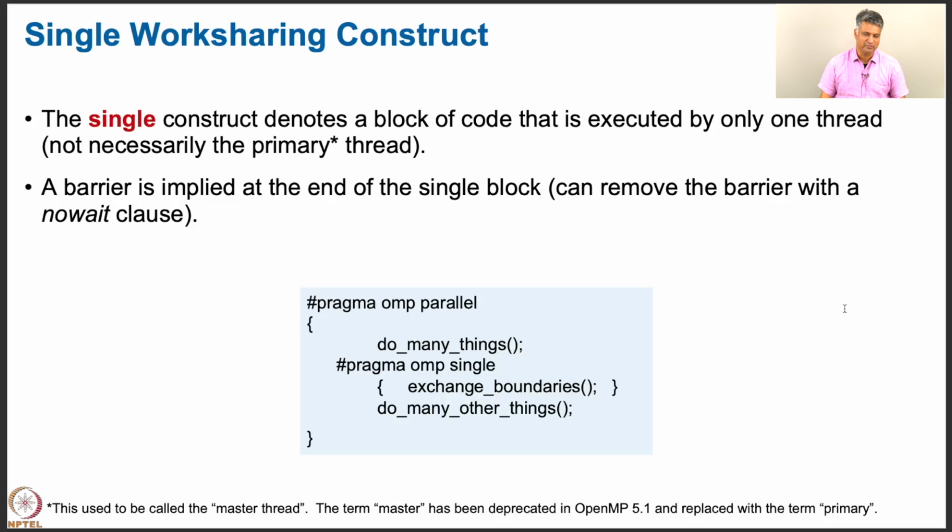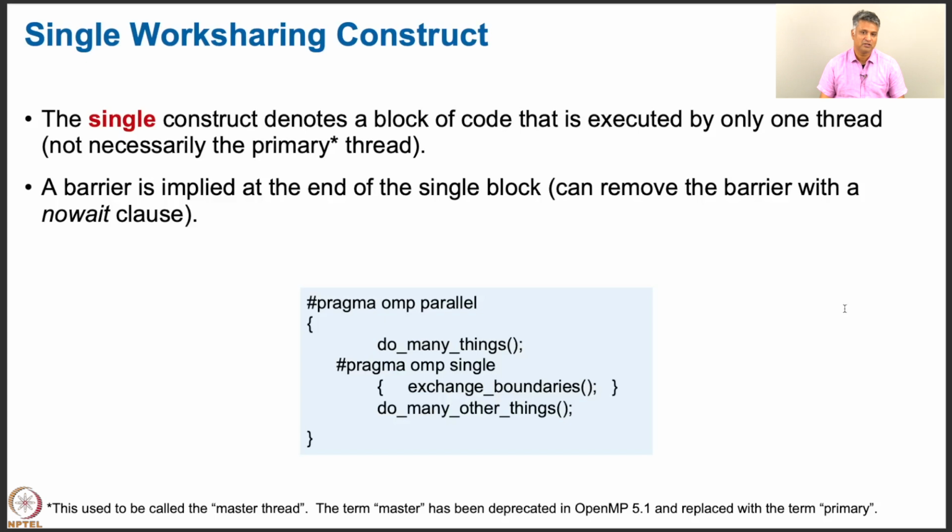So what do we actually mean? If you look at this snippet of code, you see that we are starting a parallel section, and in the parallel section we have one function which says do many things, and the function do many things can be executed by multiple threads.